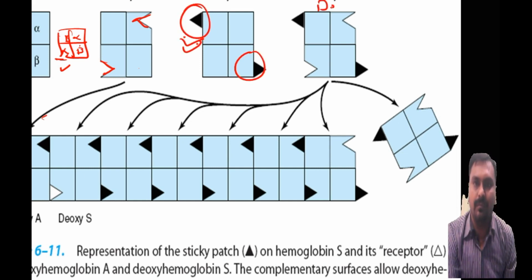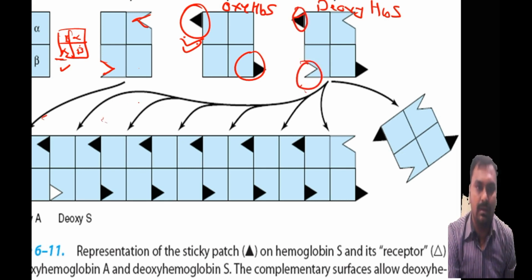In the deoxy form of hemoglobin S, it contains a sticky patch as well as a receptor. So they will polymerize and form the fibrous structure.